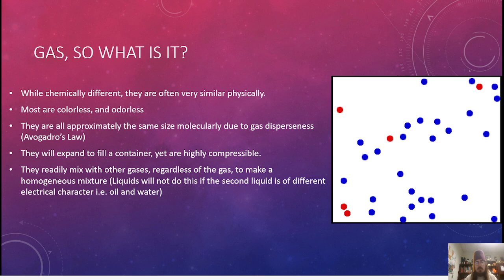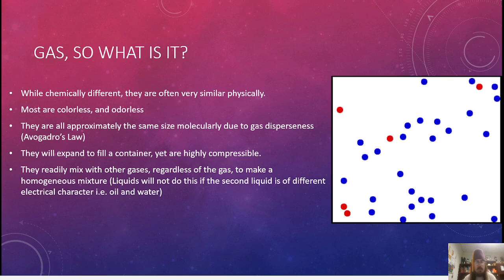Liquids will not do this because of the electrical character. Oil is very nonpolar. Water is very polar. Water and oil do not mix. Very different liquids based on their polarity will not mix. They form micelles. They form lipid bilayers.